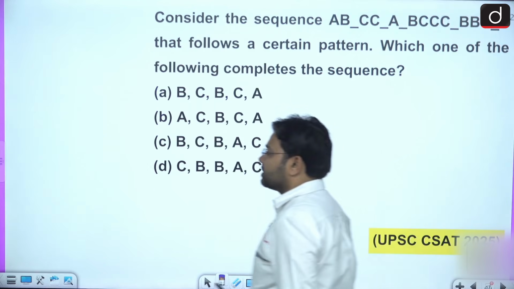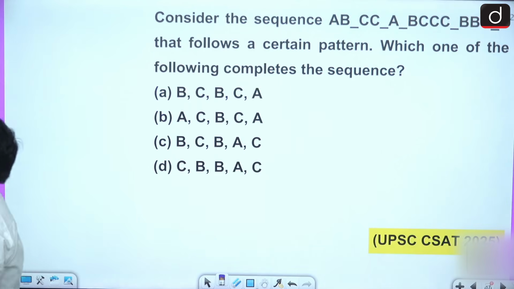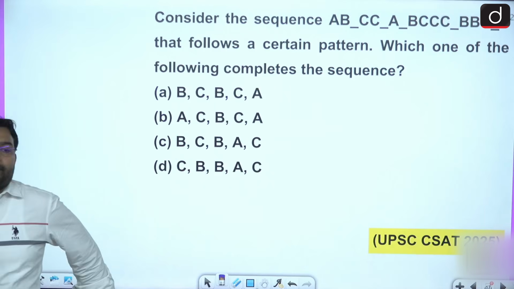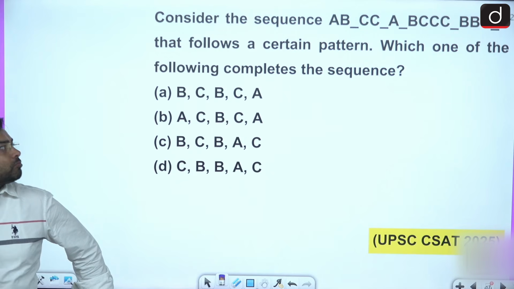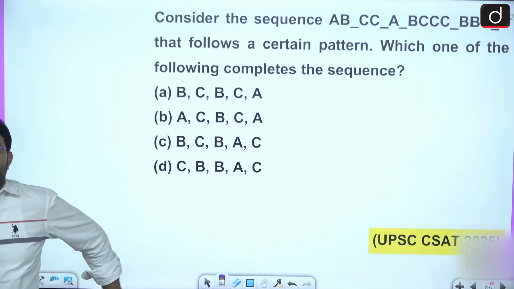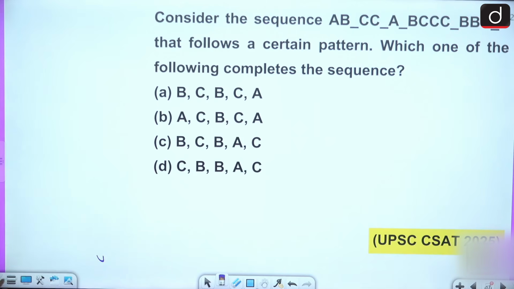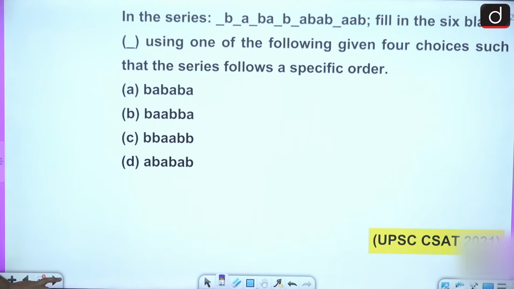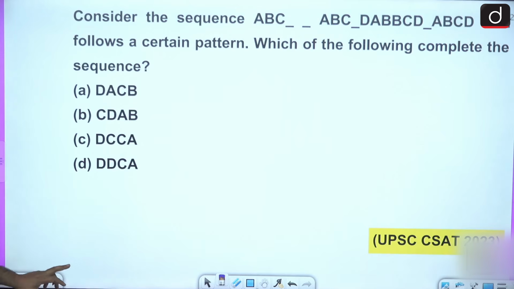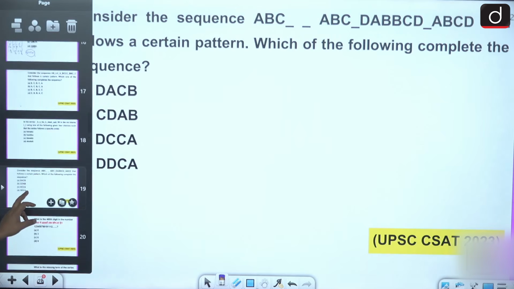This is letter series. One question is confirmed from this one. This is from 2025. This is from 2021. This is from 2023. Almost every year.